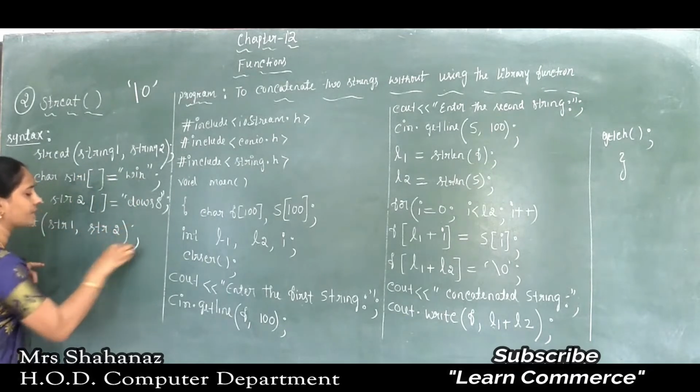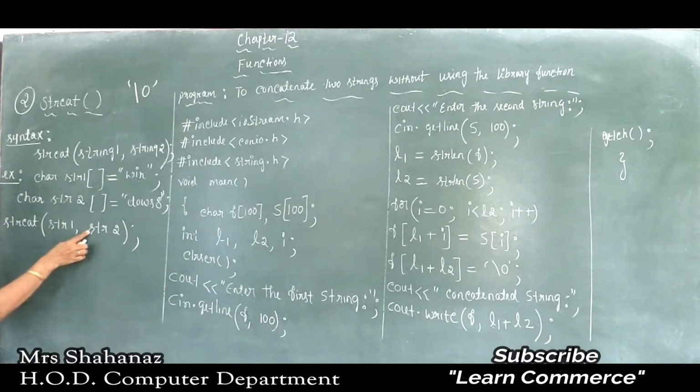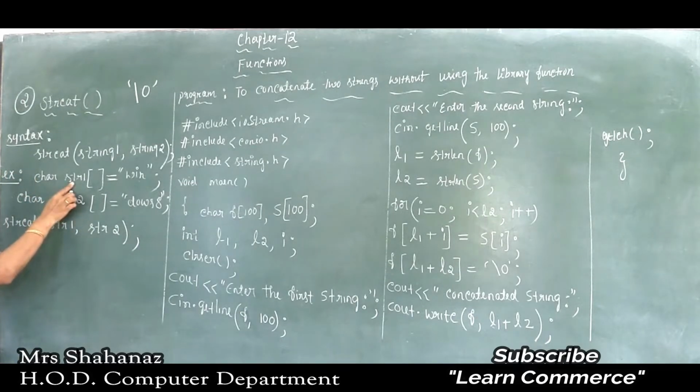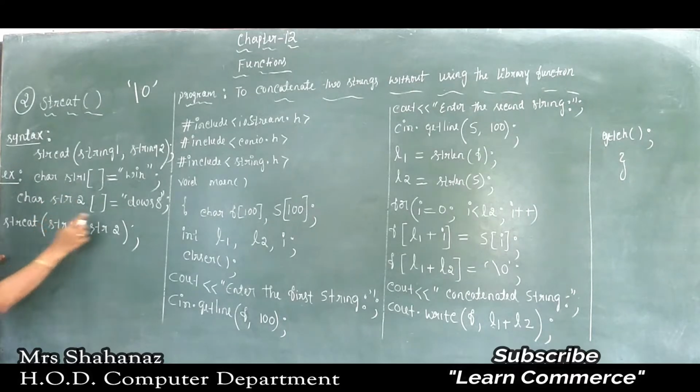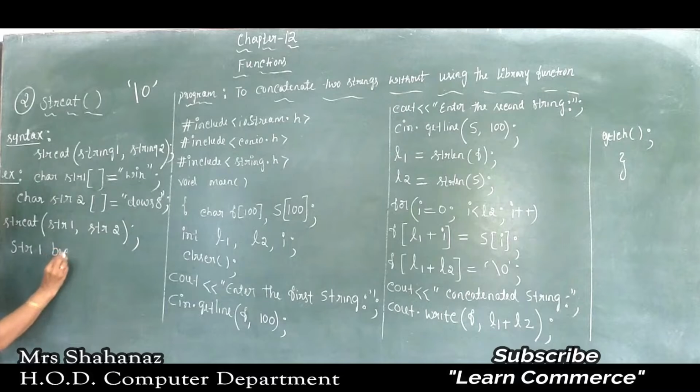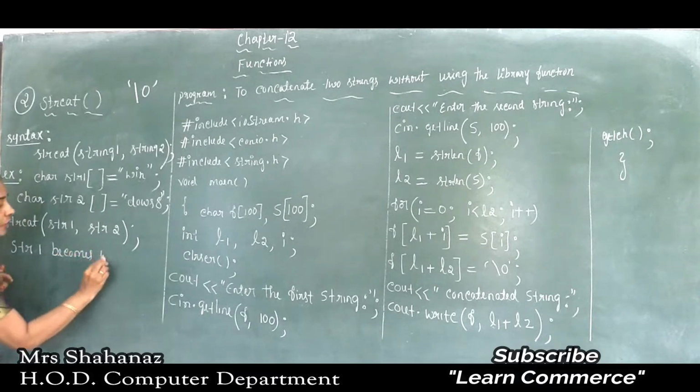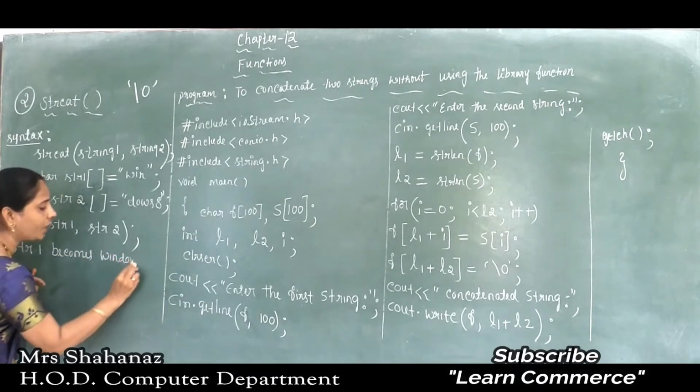Otherwise, we can write string 1 and string 2, or whatever names we used in the declaration of the string variables. Str1 comma str2, and next the str1 becomes the total, the str1 becomes Windows 8. Clear this point here, Windows 8.